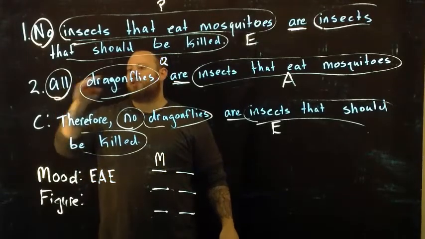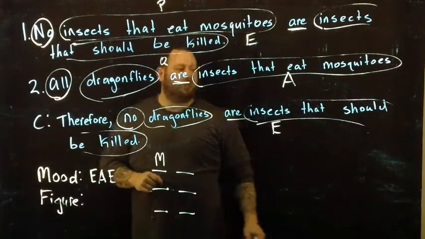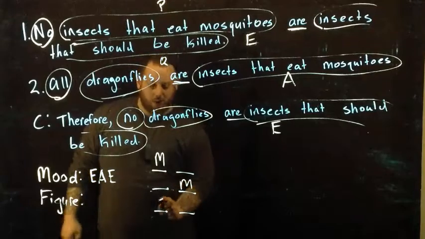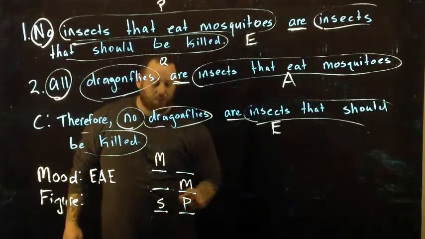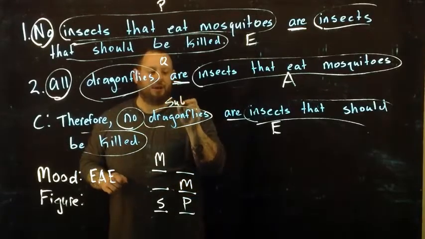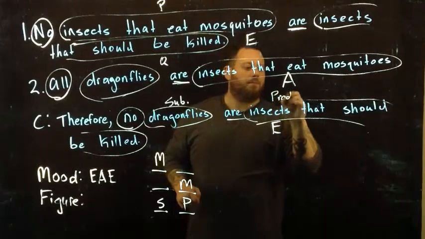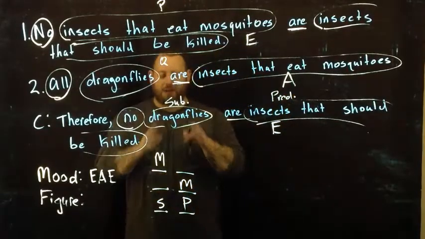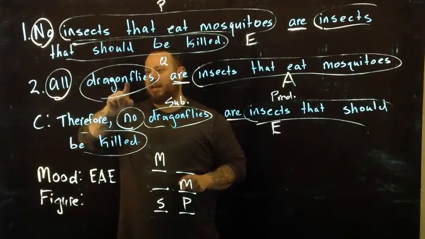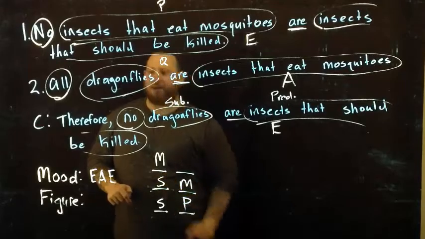In the second premise, dragonflies is the first term, and insects that eat mosquitoes is the second. So we put the M here. And then always we know S and P, subject and predicate, for our conclusion. In this case, dragonflies is the subject, and insects that should be killed is our predicate. Dragonflies shows up in the second premise, in the first position, so we put an S there.